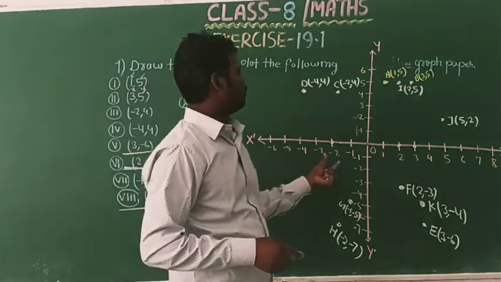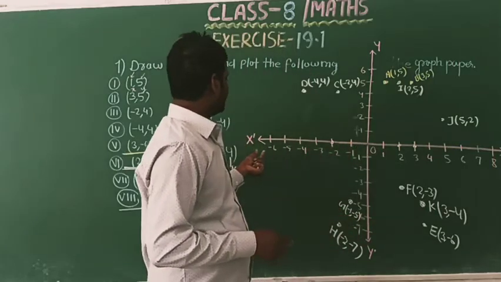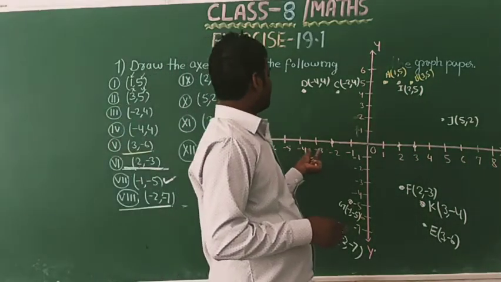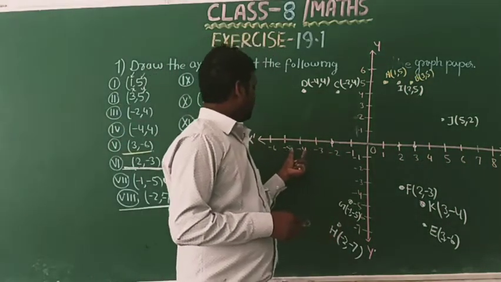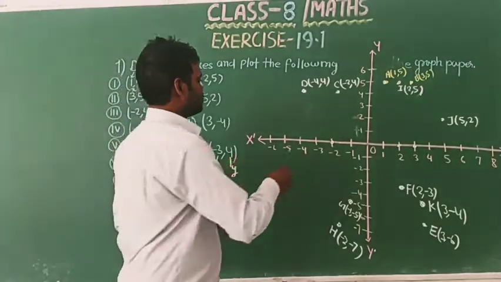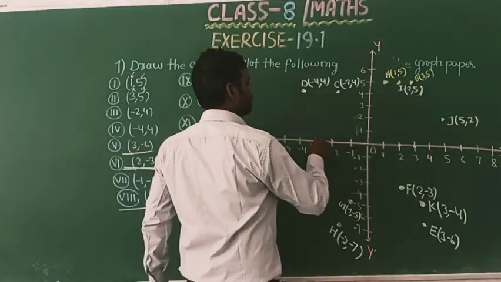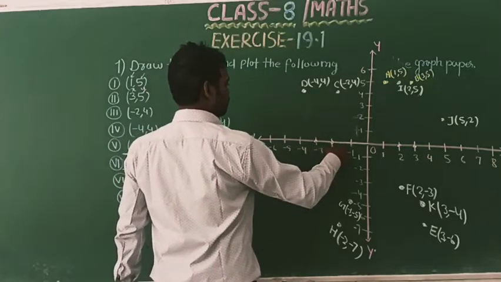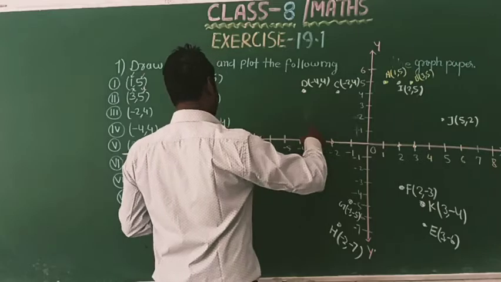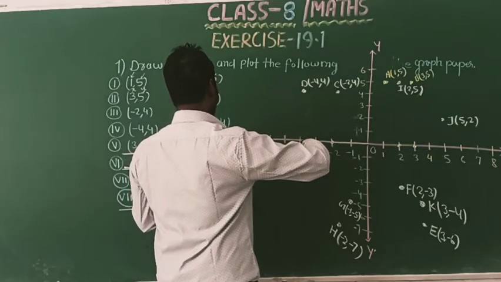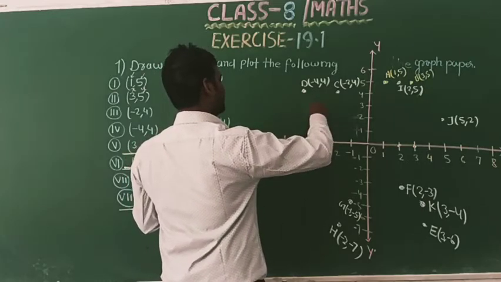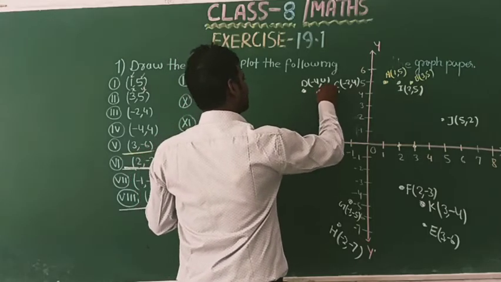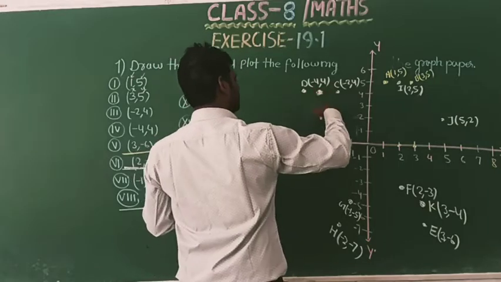So starting from O, move 3 units left along the x axis, and then move 4 units up along the y axis.